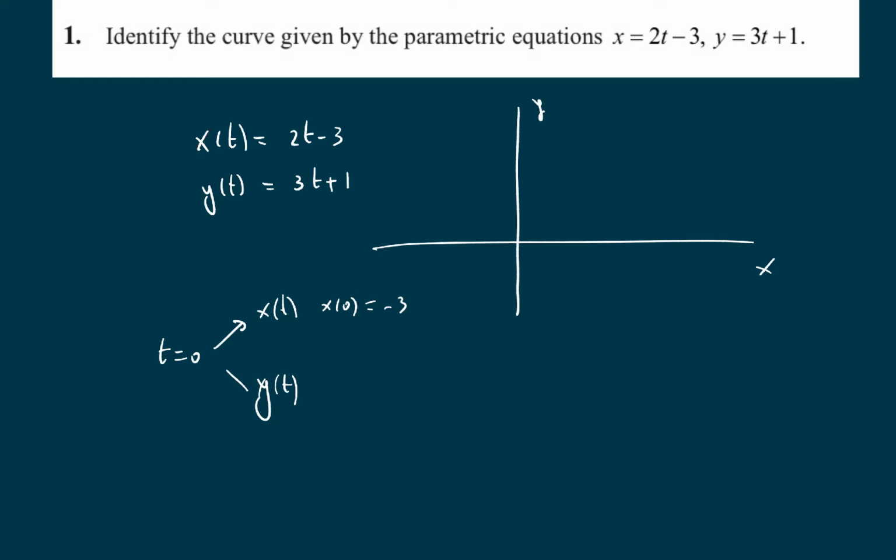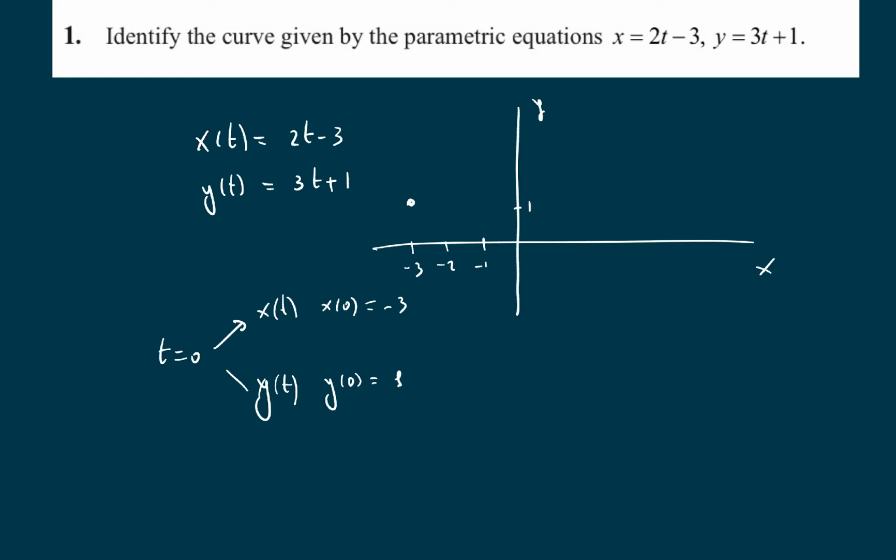At t equals 0, y of 0 is 3 times 0, which is 0, plus 1, is 1. So the point starts at minus 3, 1. So he starts at this point.